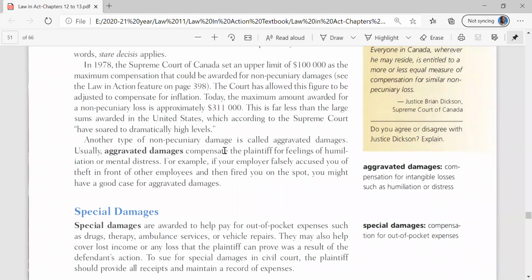Aggravated damages are compensations for intangible losses such as humiliation or distress. So if you did something that made me look bad, so not only did Regina get her kneecap broken, because she did that, and because of the shock of pain, she peed herself, and there was someone videotaping it, right?